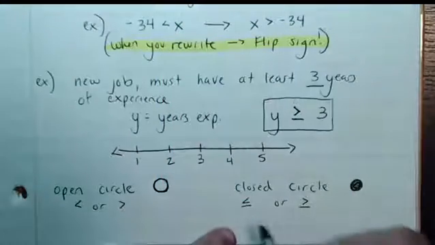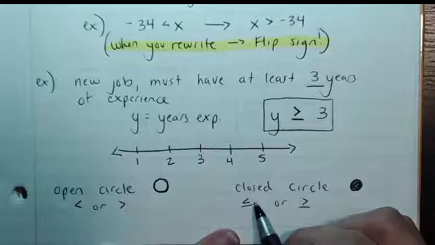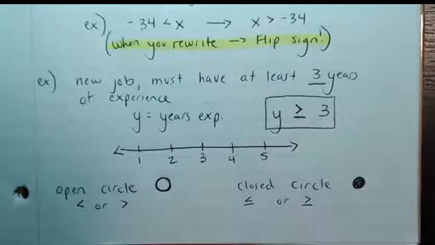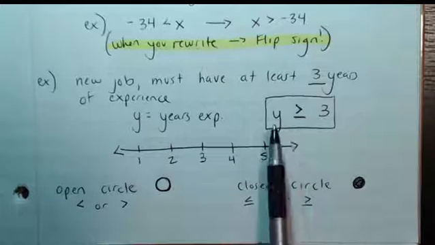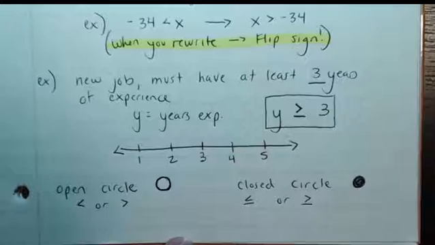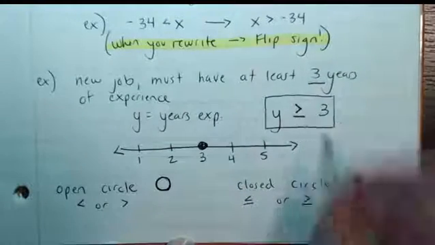So if it has that equal to sign, I can just make sure that it moves up and it closes it, which means it's a closed circle. That's one way that helps me remember. So if I'm looking at this problem, y is greater than or equal to 3, is that going to be an open or closed circle on the 3? It's a closed circle, because again it has that equal to bar.